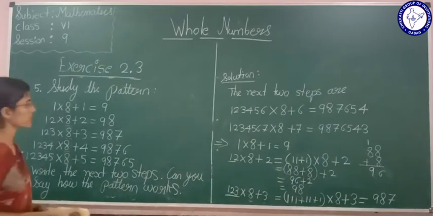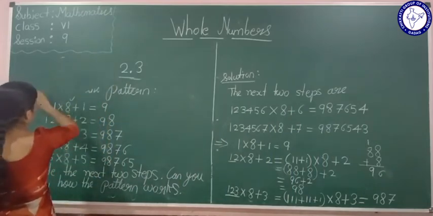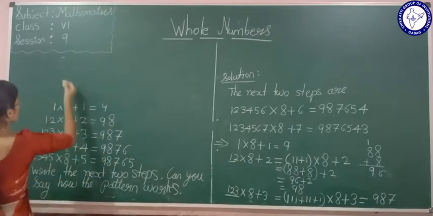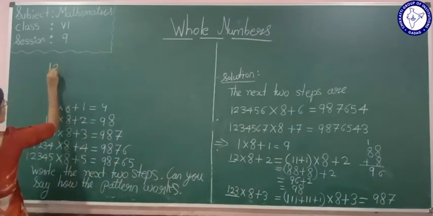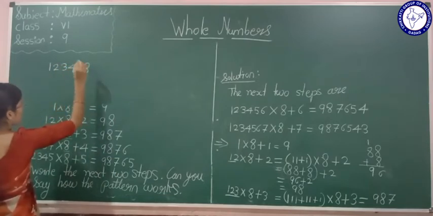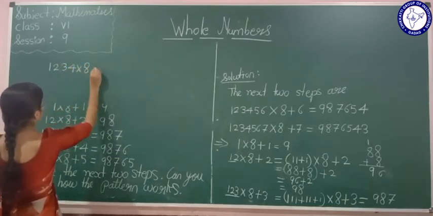Next, in a similar way, 1234 multiplied by 8 plus 4.